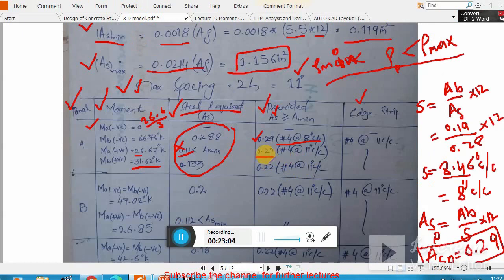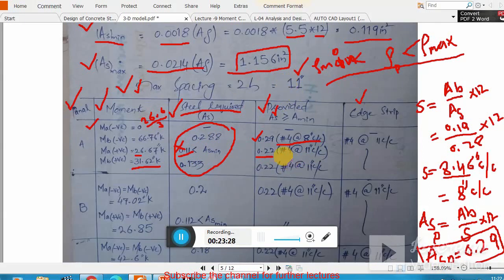So that's why if I am using 0.22, then my spacing will be number 4 at the rate of 11 center to center. Because I can't use 0.11, I have to use As minimum. But if I use As minimum, my spacing is more than 11 inches. So that's why I am bound here that I can't use spacing more than 11 inches.